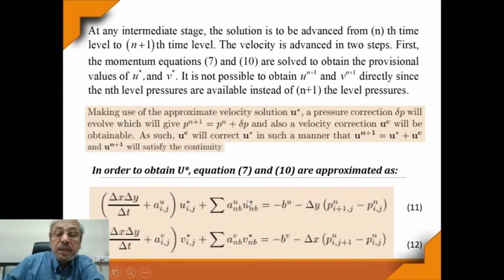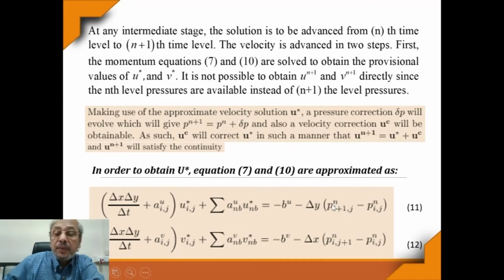That means these are not exactly at the level n plus 1, somewhat similar to that, but different. That is why those are star quantities, and pressure is at nth level.